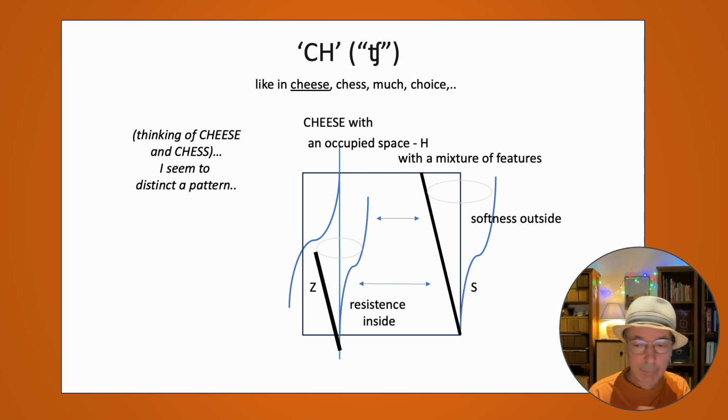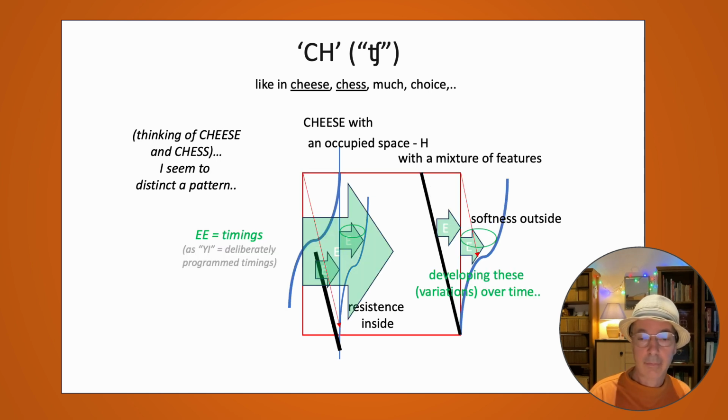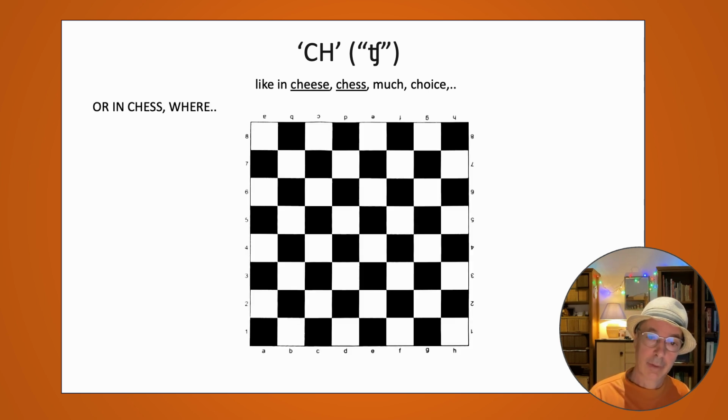We try to sense that area with our focus. And of course there is a timing involved, and in these evolutions that we sense, in all its variations, it's all on a timing. So it's also developing these kinds of variations that I sense there over time.